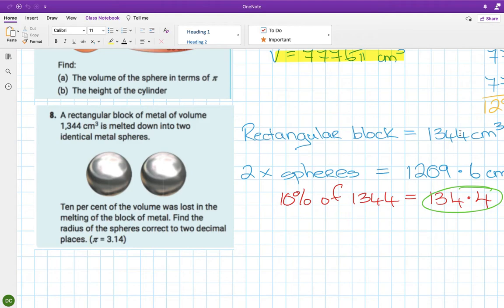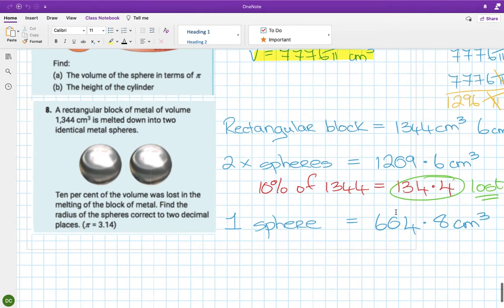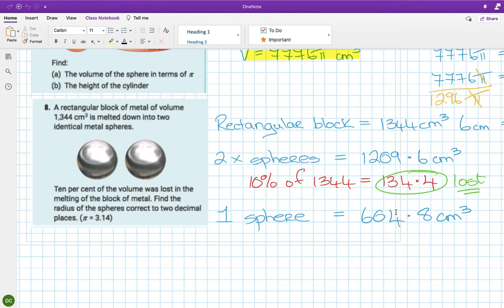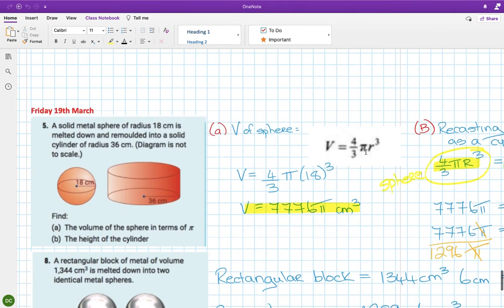Okay, so if 2 spheres is that and they're identical, that means 1 sphere, if I just divide that by 2, I get 604.8 centimeters cubed for 1 sphere. And, zoom out. Oh my God. The volume of a sphere is here.